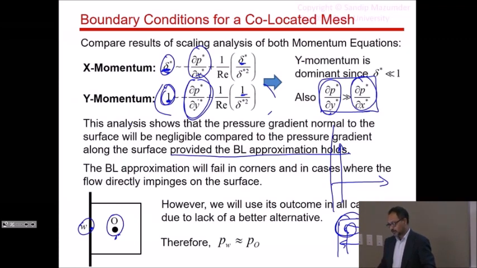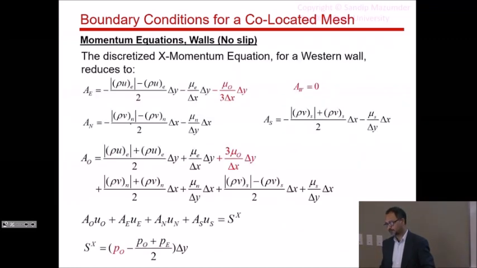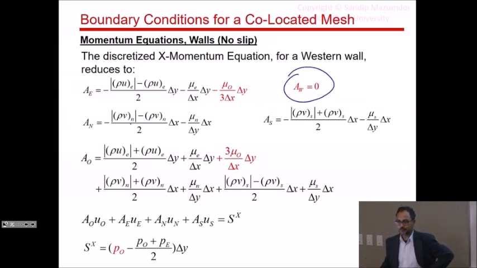Okay, so that's our boundary layer approximation, and this is what we do. Essentially extrapolate the pressure. Okay, now once we have that, then the rest is pretty simple. So we have talked about already the flux, and then, you know, basically set your western link coefficient to 0. All right, because there is no control volume to the left, so all links get cut off.